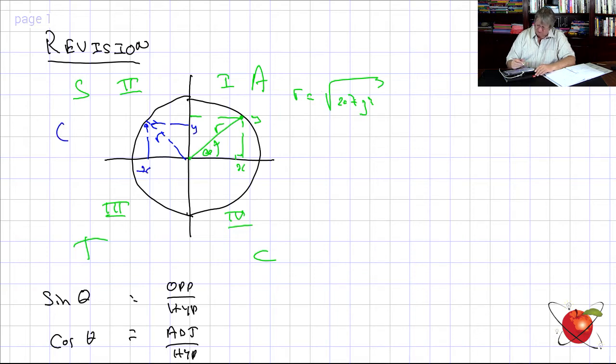So the coordinates of that point are minus x and y, which means that in each case we're going to have what you could look at as a negative length. If you had it over there, you would have negative x and negative y, the coordinates minus x, minus y.